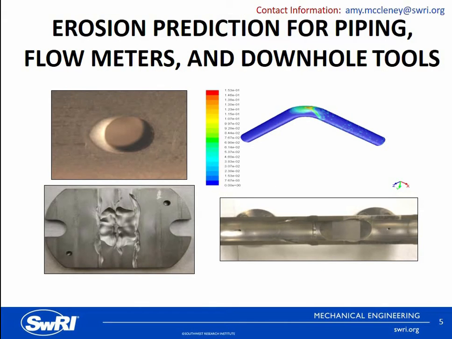Something that is always important with modeling in general is validation and verification, which goes back to the statement that all models are wrong, but some are useful. In the case of erosion prediction, it is ideal to fully correlate models through the use of experimental validation, as you're seeing on this slide, where we developed our own erosion model in-house here at SwRI through impingement validation tests using different variables.